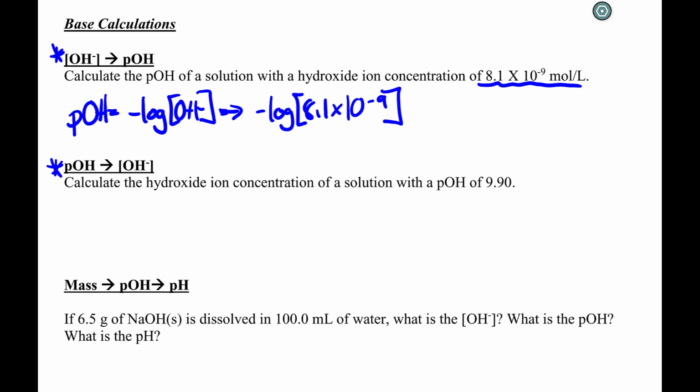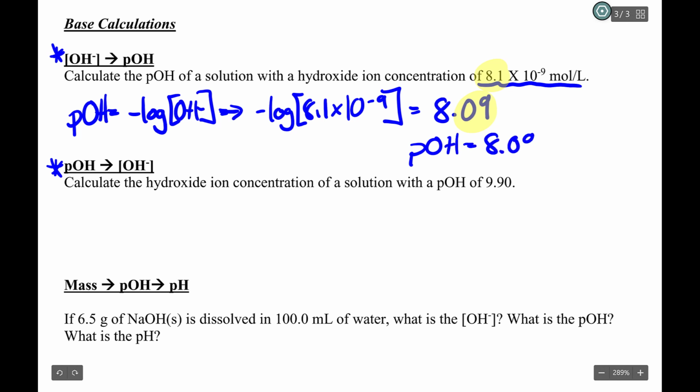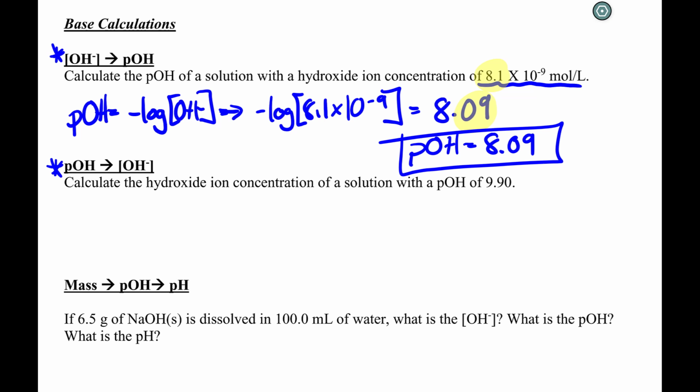And what we would get is 8.09. Now, this number has 2 significant digits, so I need 2 decimal places in my pOH. So pOH is equal to 8.09.